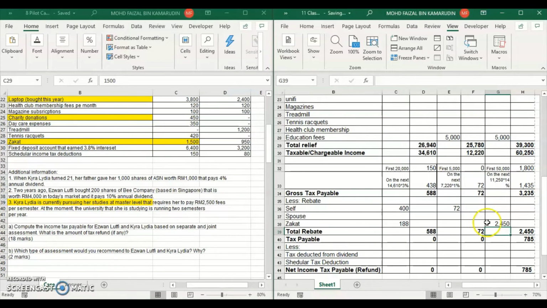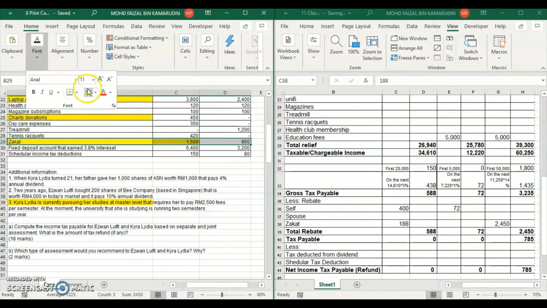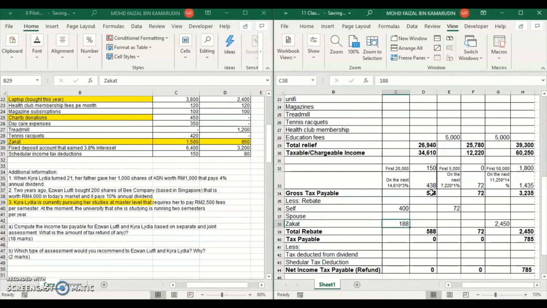So that's how we do the treatment for rebate. One more time, for zakat, yes, you can claim everything that you have paid for zakat, no issue, provided your gross tax payable is more than whatever you are paying. Say for example, this one is 2000, by all means you can claim 1005.